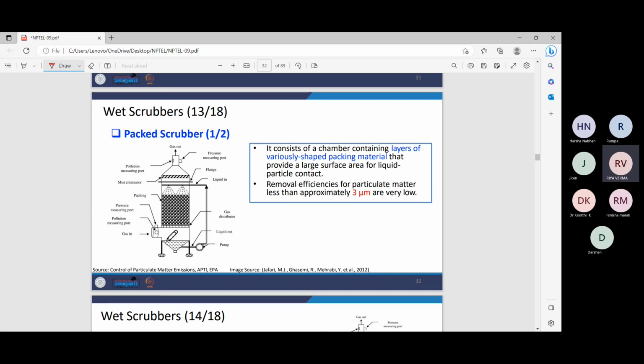The gas inlet is here, this inlet valve. The gas moves inwards from here. Then as it moves towards the upper section, this packing material traps some of the particulates, and then we have water sprays which wash out those particles, and these settle out in the bottom, and clean gas comes out from the top.